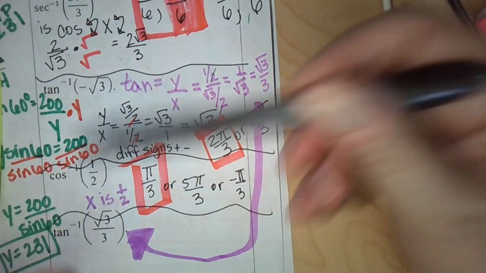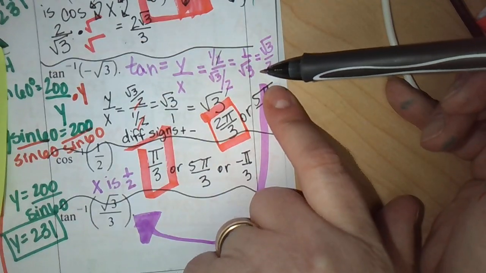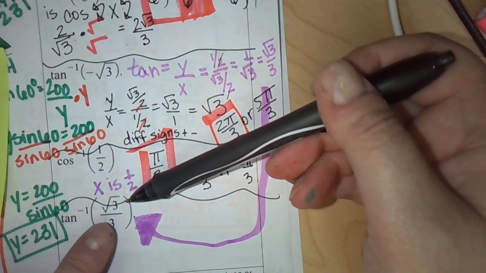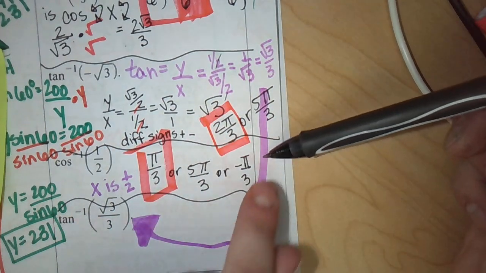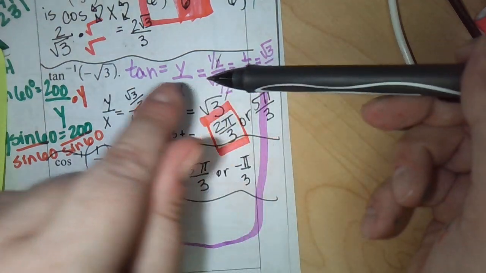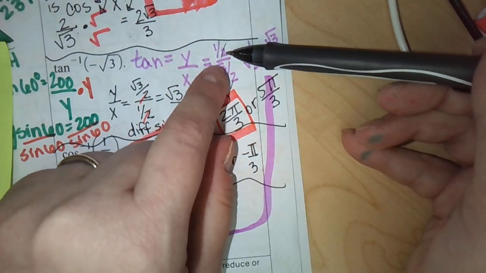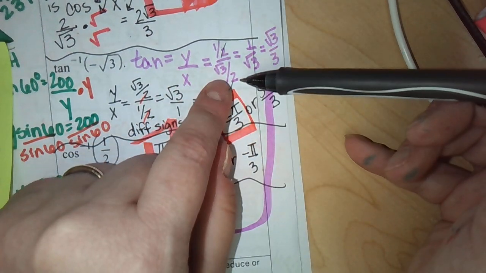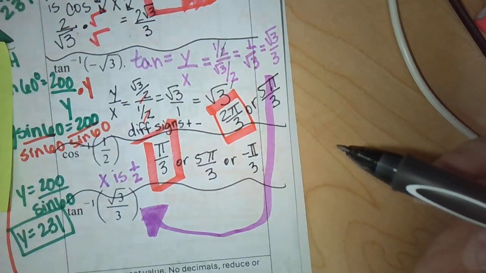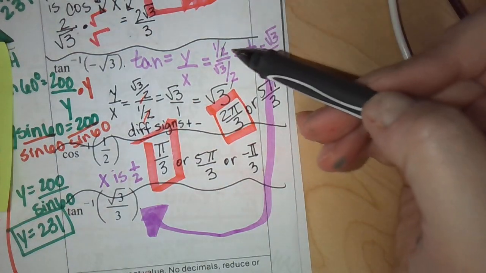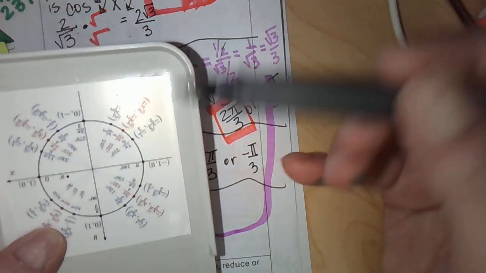Okay, lastly, tan inverse. Well, we kind of already did this accidentally. We saw that the way to get square root of 3 over 3 is to have a y value of 1/2 and an x value of square root 3 over 2. So let's find when a y value is 1/2.